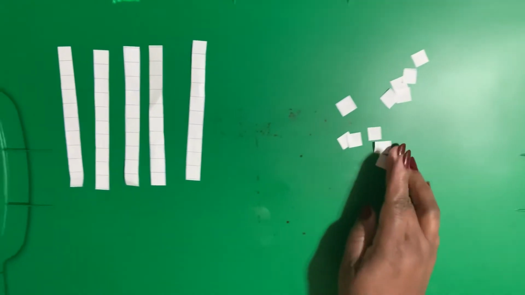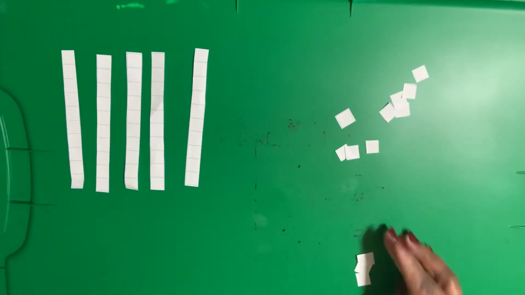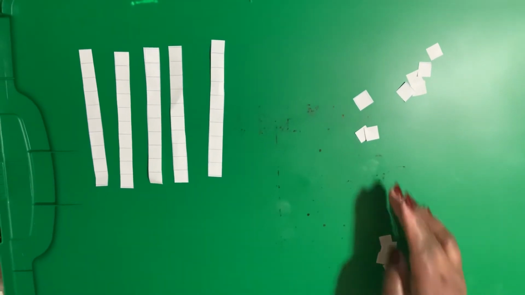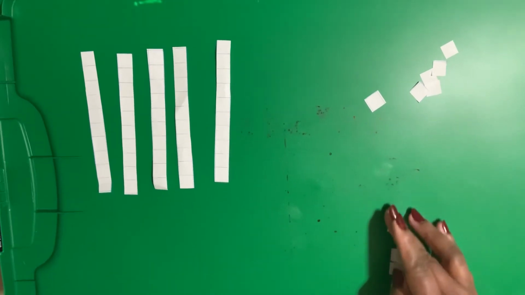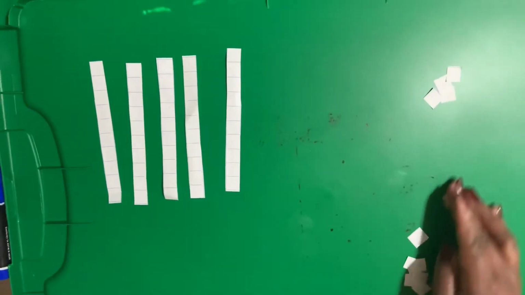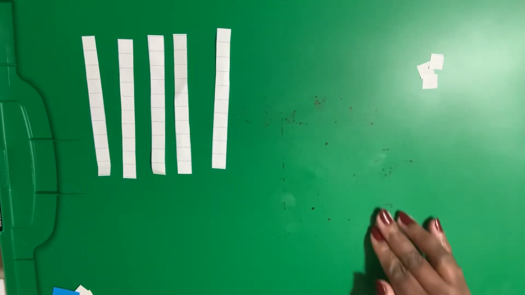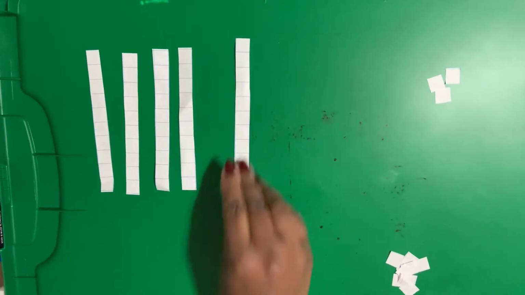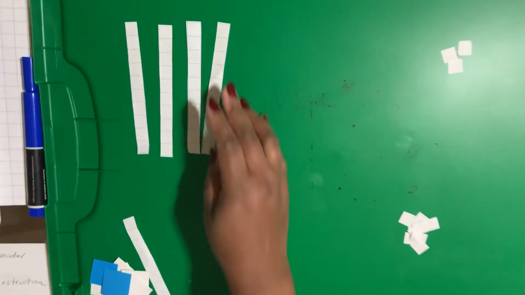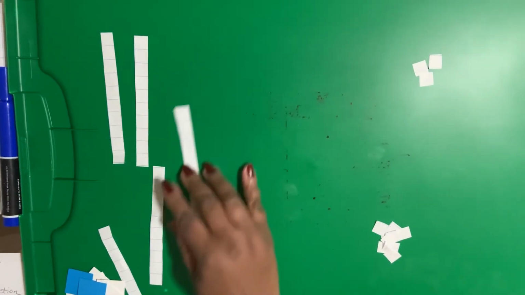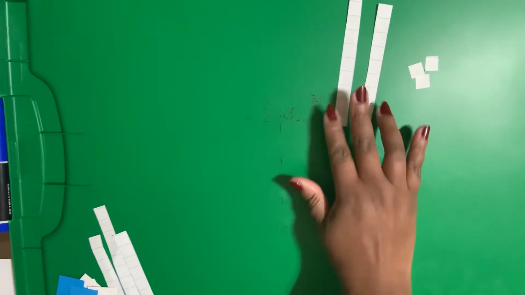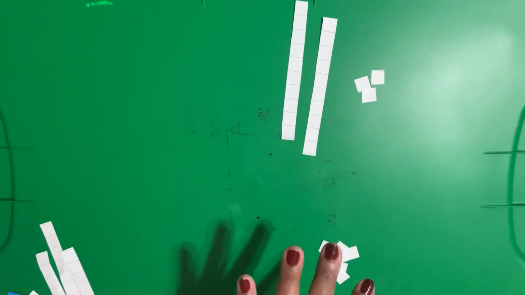Okay, so 1, 2, 3, 4, 5, 6, 7, 8, 9. And now over here, I can take 3. 3 10s. 1, 2, 3. And I'm left with 23.